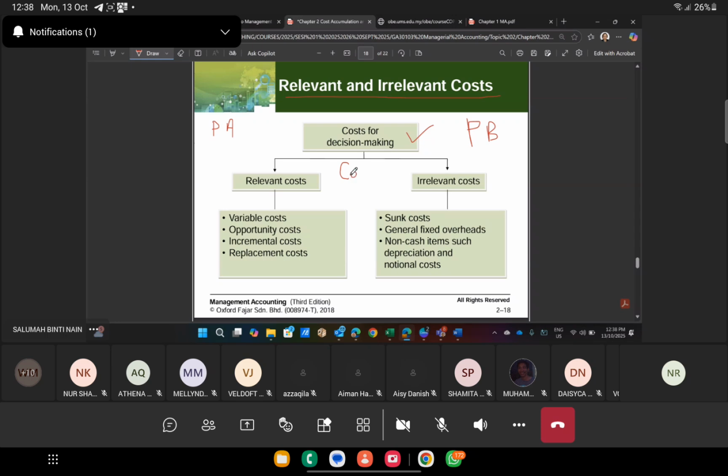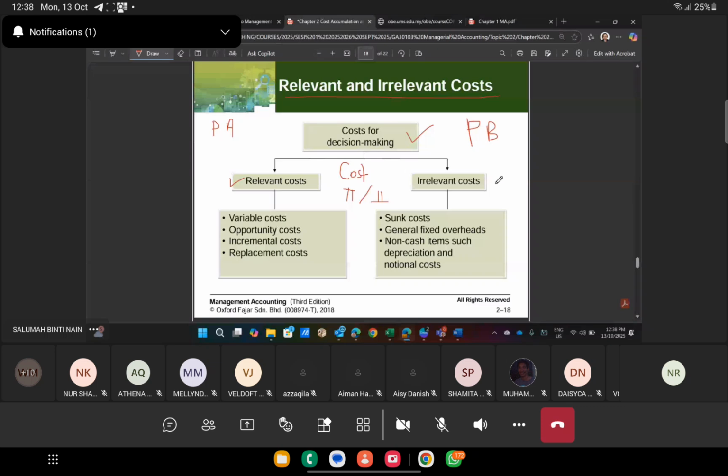Definitely, we are going to look into the cost first. And the second is the profit or loss.